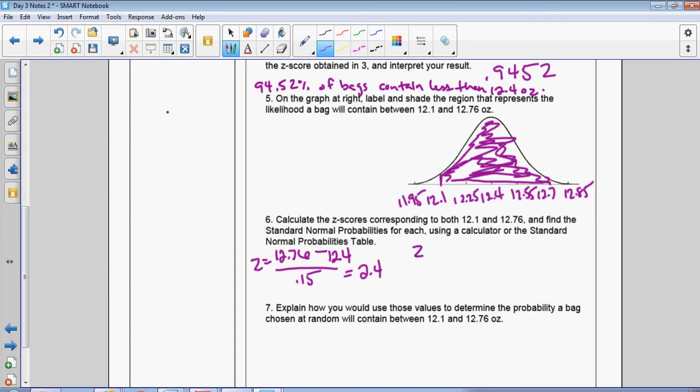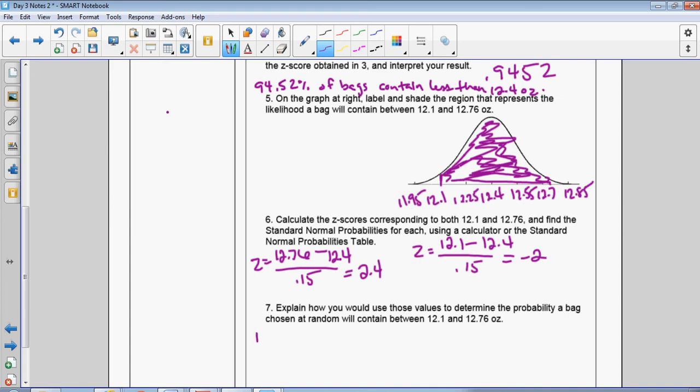And then your z-score for 12.1 is 12.1 minus 12.4 over 0.15, and you get -2. And then you're going to use those z-scores to find your probability.